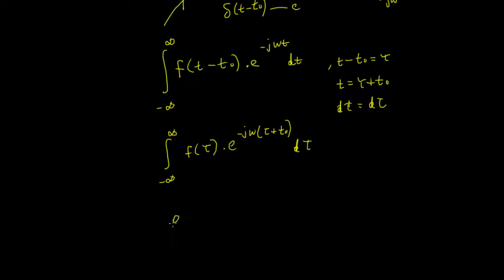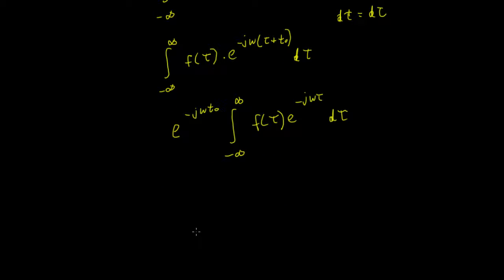So we can say e to the minus j omega t naught times the integral from minus infinity to infinity of f of tau e to the minus j omega tau by d tau. But as we see here, we're going to be left with e to the minus j omega t naught.